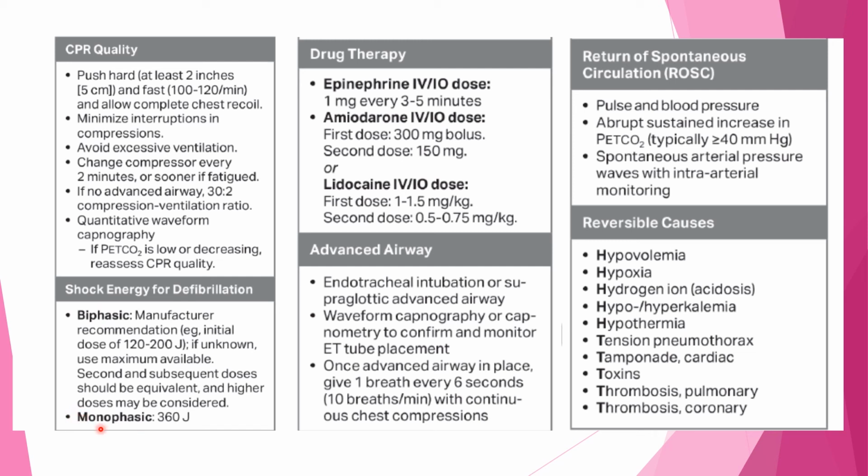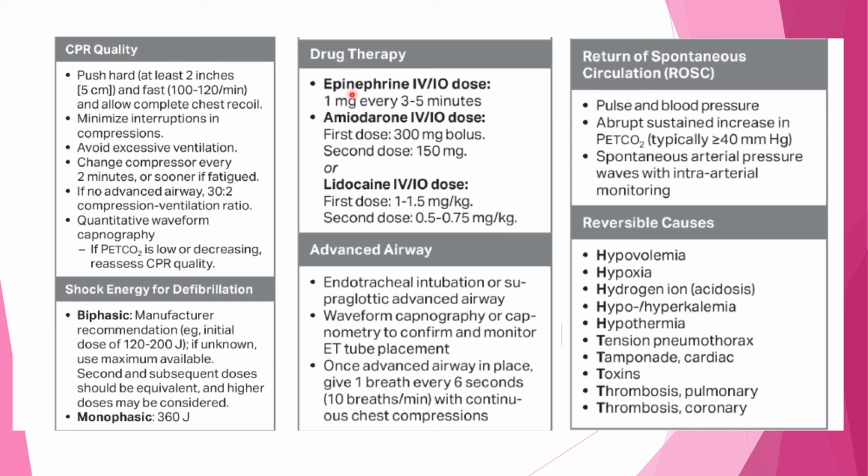For monophasic, you will start with 360 and continue 360 for all shocks. For biphasic, most machines now are biphasic. In a new biphasic machine, the energy for the DC shock is from 120 to 200. But if you don't know the machine and the recommended dose, then go to the highest dose available.